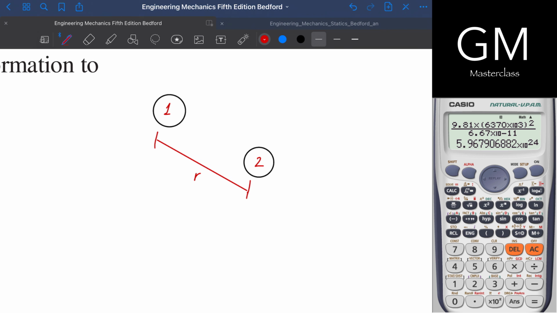It is important for me to point out that this has to have a mass m1, and this particle has to have a mass 2, m2.